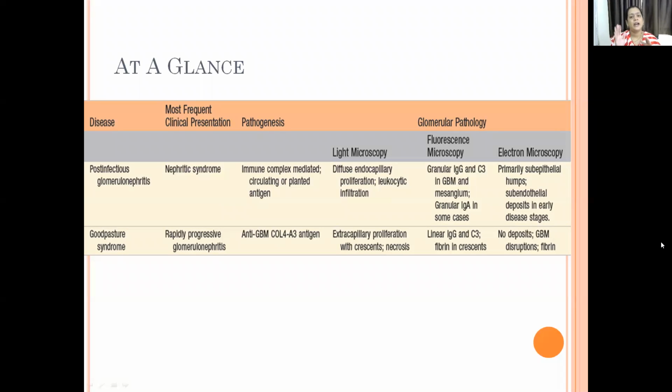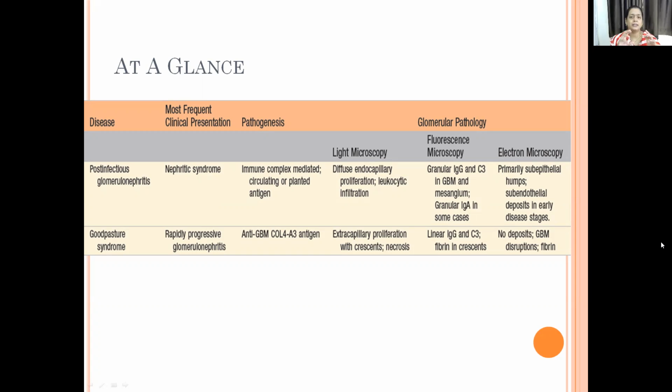And then we have Goodpasture syndrome, a part of rapidly progressive glomerulonephritis that can be renal limited or can be associated with Goodpasture syndrome, Goodpasture disease. Here there is an antigen which is already in the glomerular basement membrane. The glomerular basement membrane is made of collagen, and there is an important non-collagenous 1 domain at the C-terminal.